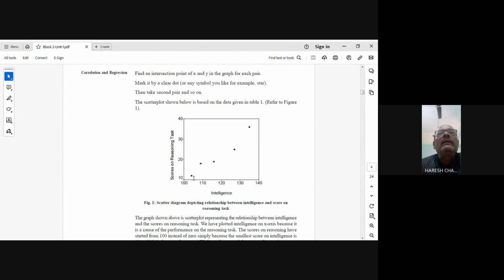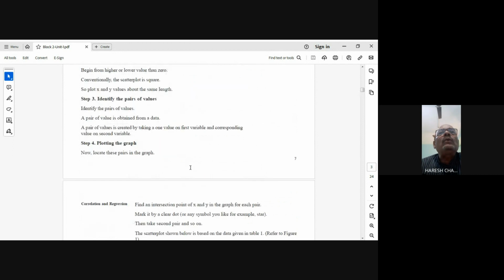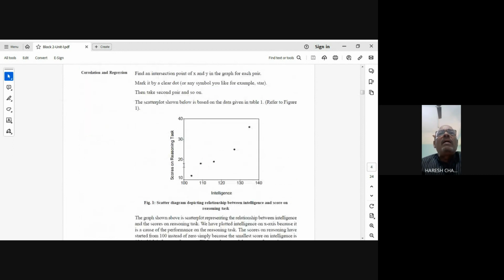That means 104 in intelligence and 12 in reasoning. Likewise, this second score represents 127 and 25. This is the score. All the 5 points are being placed.